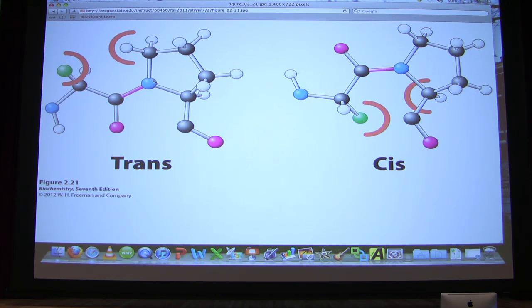Further, we see proline has some things hanging off the end of it, okay? And those things hanging off of the end of it, in either case, can get in the way of a trans or a cis. So proline is an oddball as far as the amino acids go, and proline has a very strong effect on the structure of proteins in which it's found.